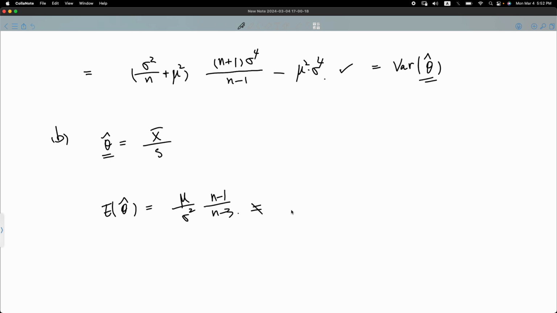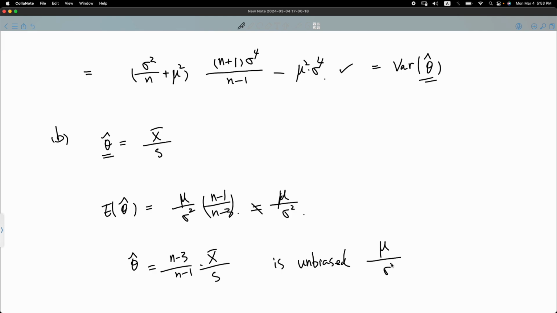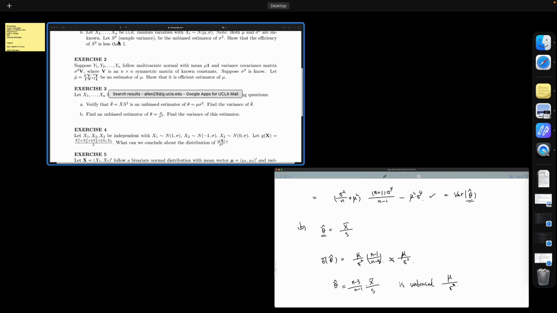So you can see that this is not equal to mu over sigma squared. So we need to define the estimator theta hat as the reciprocal of this factor: (n minus 3)/(n minus 1) times x bar over s, and this is an unbiased estimator for mu over sigma squared. So that should answer the first part.